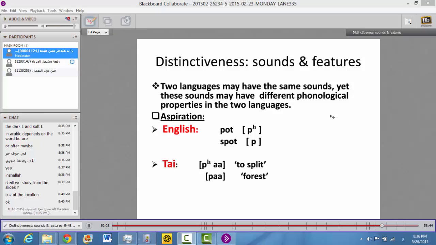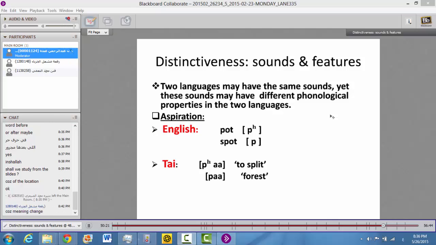For example, look here at pot and spot, aspirated and unaspirated. If you produce the p with aspiration or without aspiration, you are not changing the meaning of the word pot. But look at these two examples in the slide. Pa, meaning to split, and pa, meaning forest.